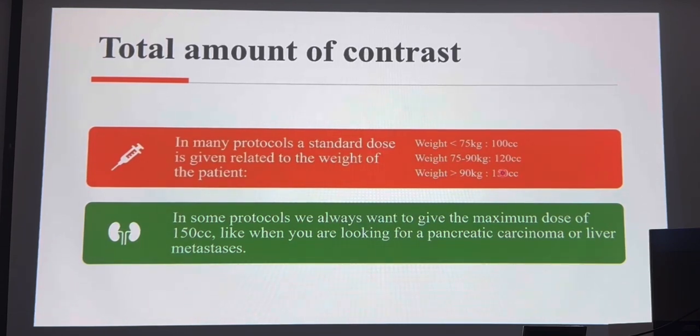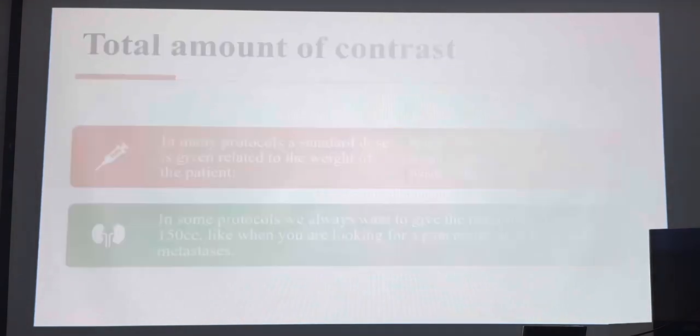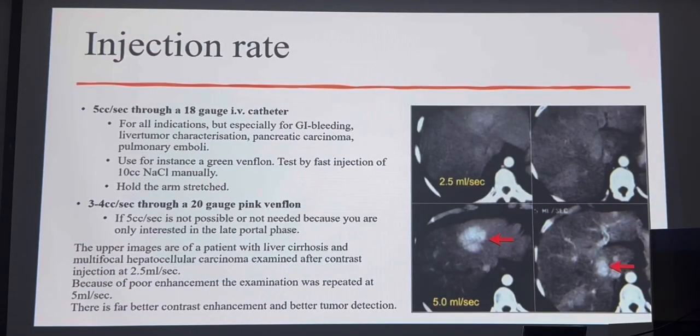If we give minimal contrast or minimal flow, I'll talk about this, the whole injection rate. In cases of suspecting early arterial, hypervascular lesions, we have to do the examination with 5 cc per second through a large gauge cannula.